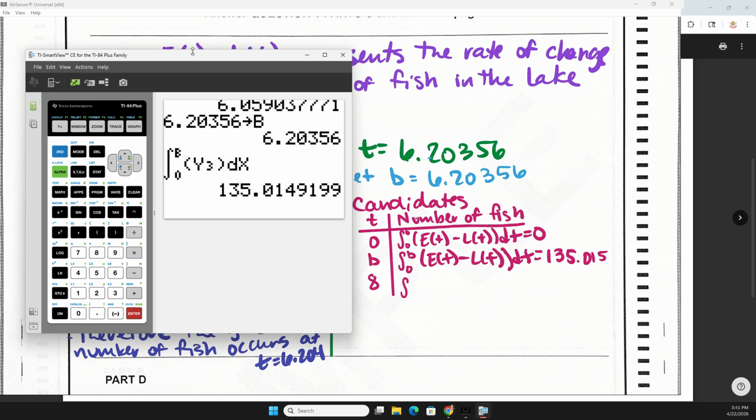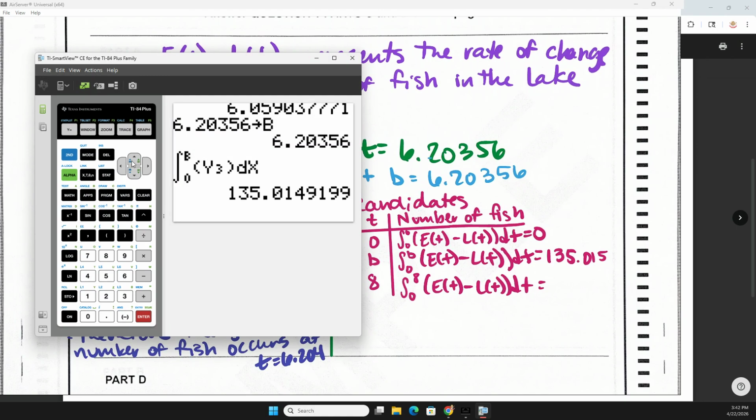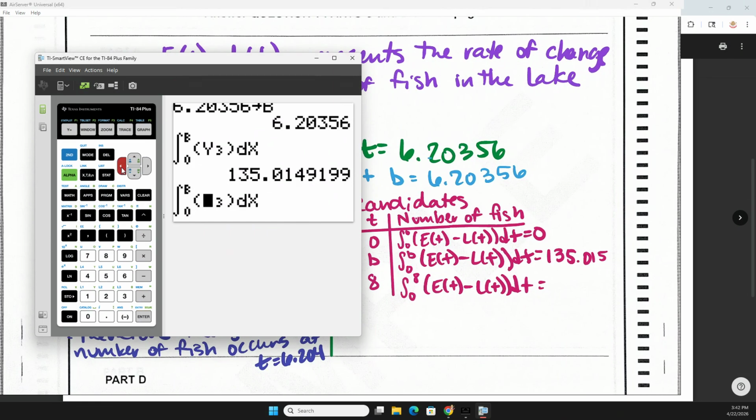Do the integral from 0 to 8 of E of t minus L of t dt. So I'm just gonna change my B to an 8. It kind of already looks like an 8.